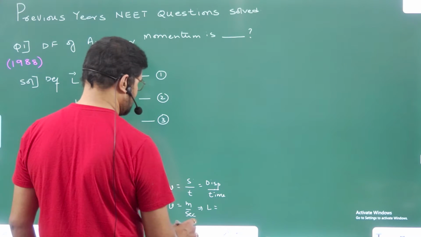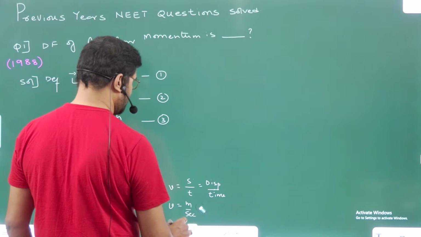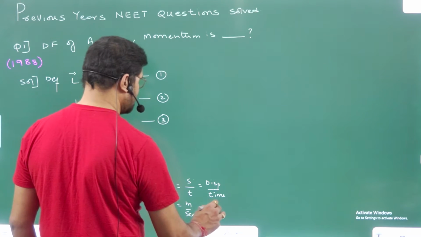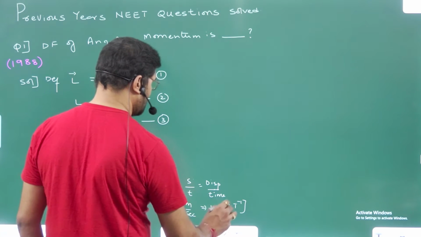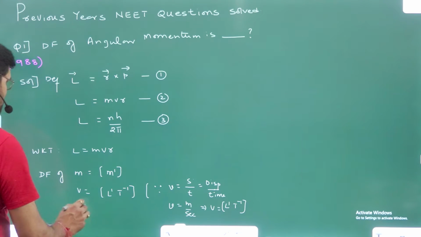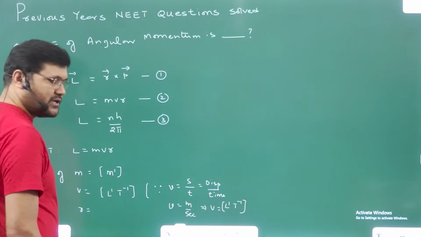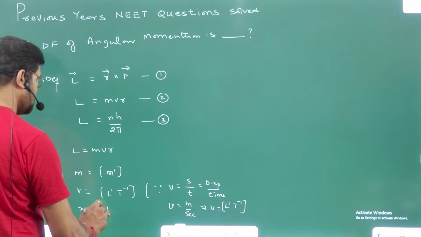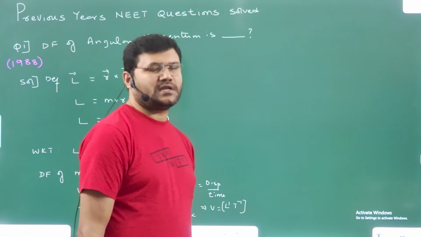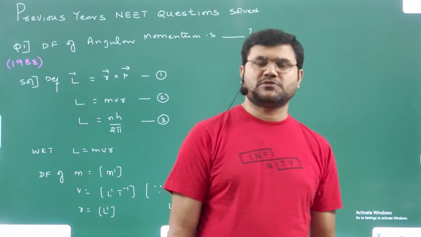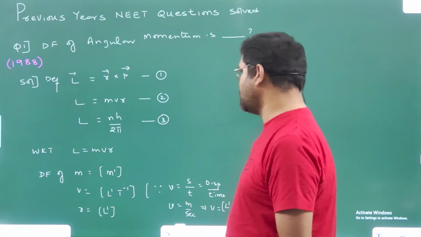The units of v will be meter per second, which implies dimensional formula will be L power 1 t power minus 1. R is the radius. Radius is a length parameter. So dimensional formula of R is L power 1.